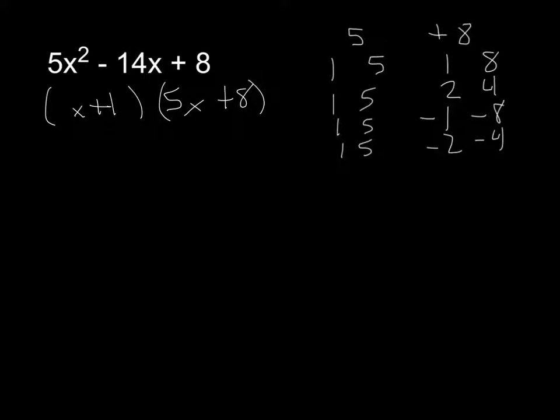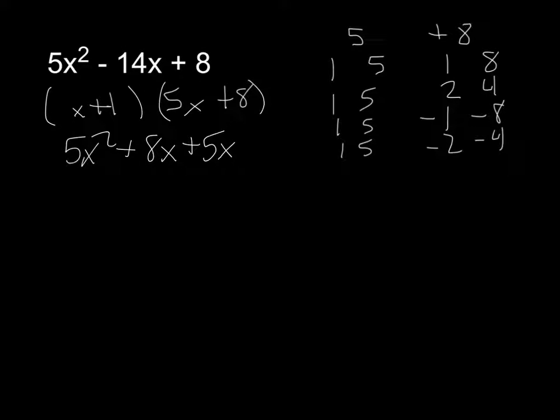To see if that actually is the answer, I would use the distributive property to multiply. The first gives me 5x squared. The outer is going to give me 8x. The inner is going to give me 5x.